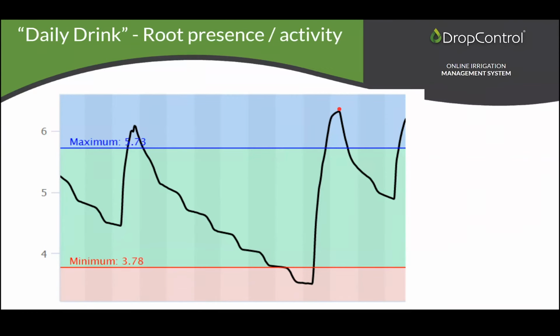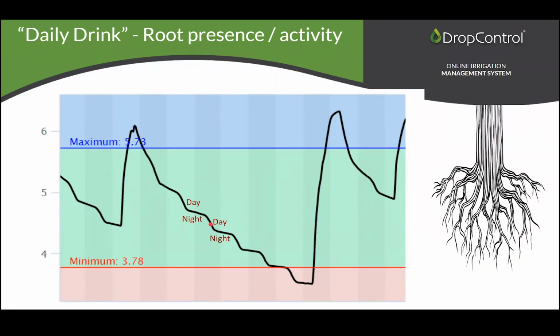The second thing we see is the daily drink, or daily dynamic of evapotranspiration. What we can see here that looks like staircases is basically the day and night dynamic. So there's the percolation, then the day comes, then the night, then the day, then the night. So we can clearly see the daily drink of the tree, of that plant.